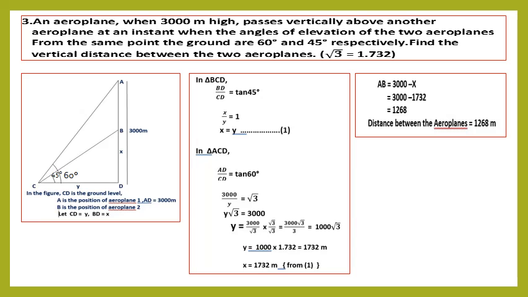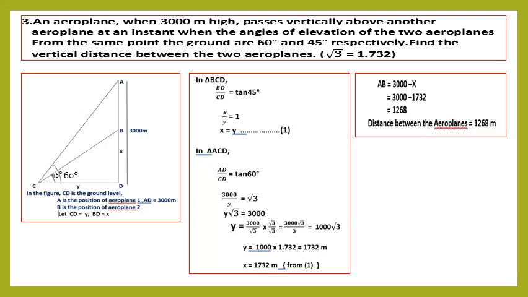Then Y is equal to 3000 by √3. By rationalizing the denominator, we get Y is equal to 1000 √3. The value of √3 is 1.732. Therefore Y is equal to 1000 into 1.732 is equal to 1732 meters.